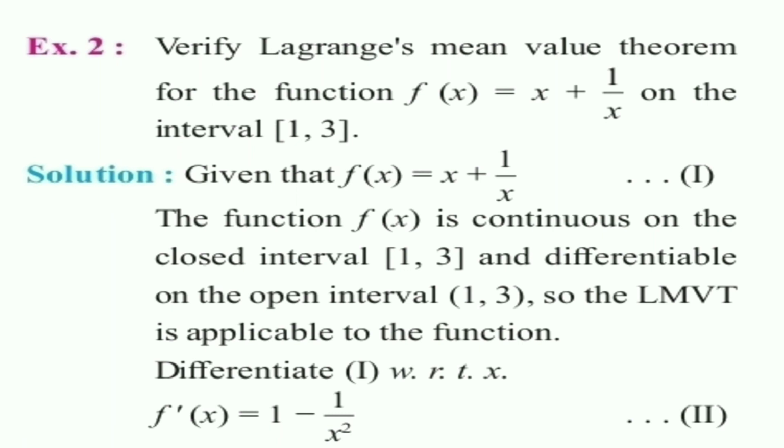This is equation 1. The function f(x) is continuous on the closed interval [1, 3] and differentiable on the open interval (1, 3). So, the LMVT is applicable to the function.